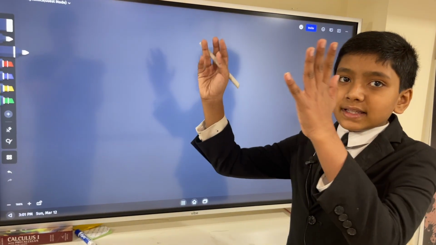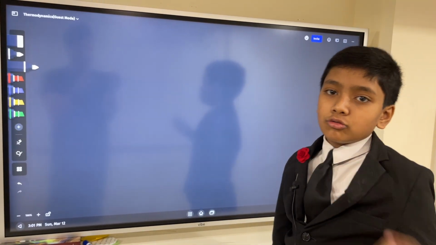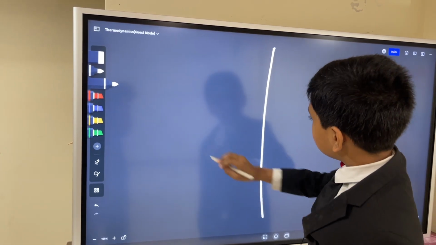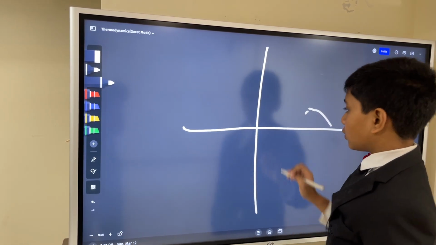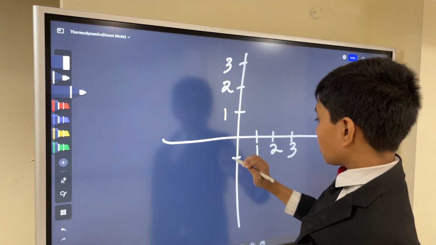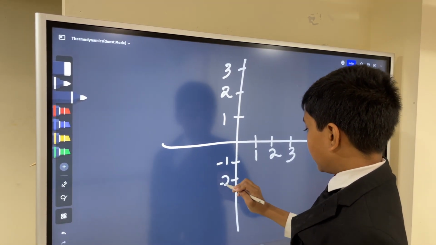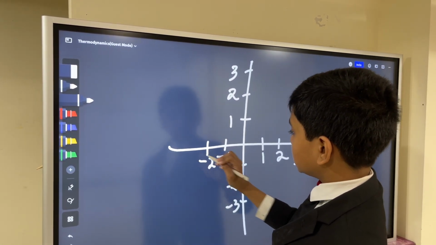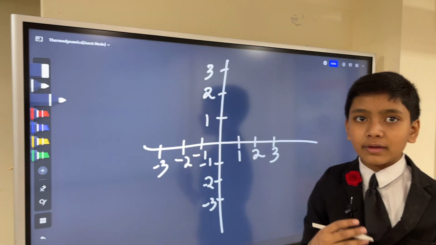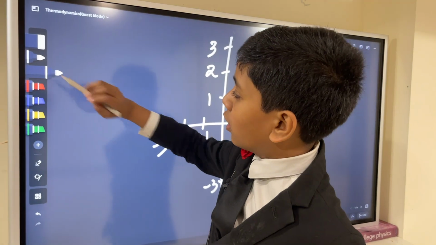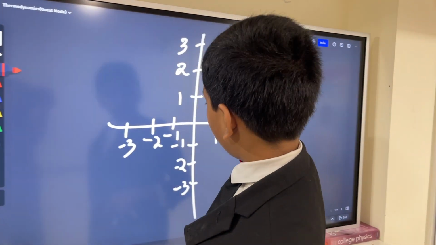Functions are basically a set of points that follow a certain rule. So, for example, let's say we have the coordinate plane right here, 1, 2, 3, -1, -2, -3. Functions are a set of points that follow a certain set of rules.